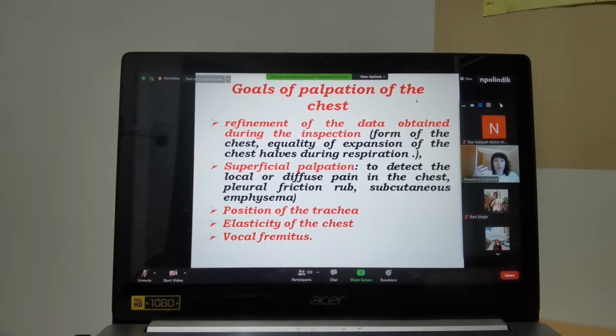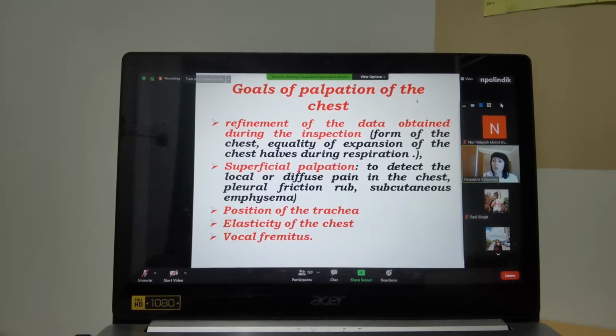If you remember, form of the chest is inspection, but without epigastric angle detection, we cannot. So we usually do it. And for example, equality of expansion of the chest. Do you remember? We also place our fingers like this. So it is to know something additional about the data of inspection.